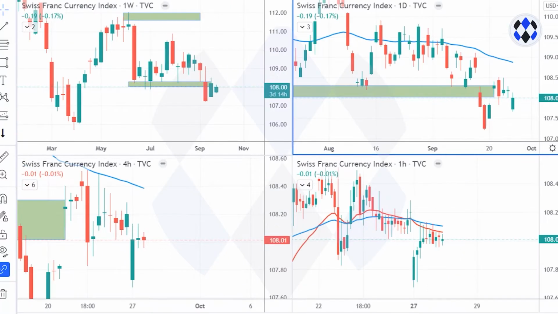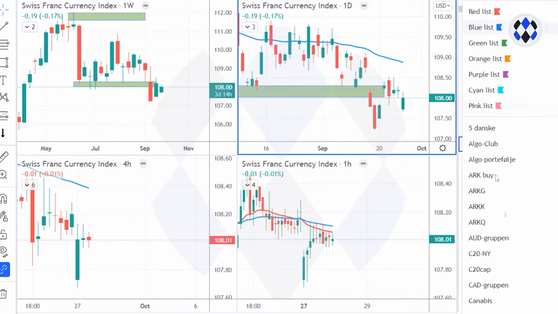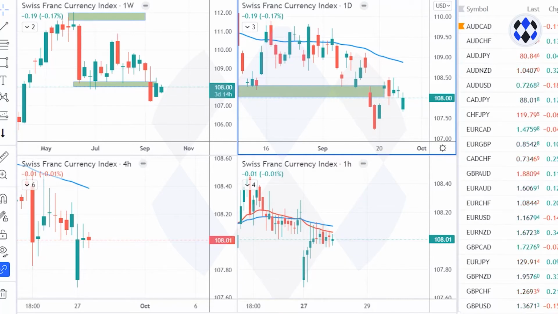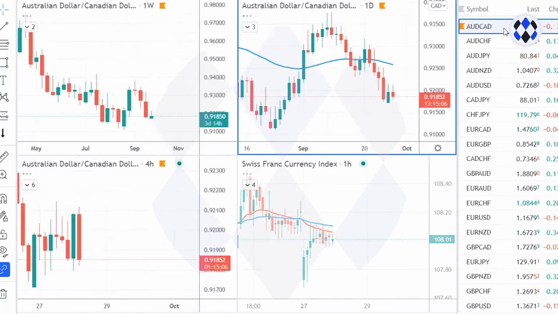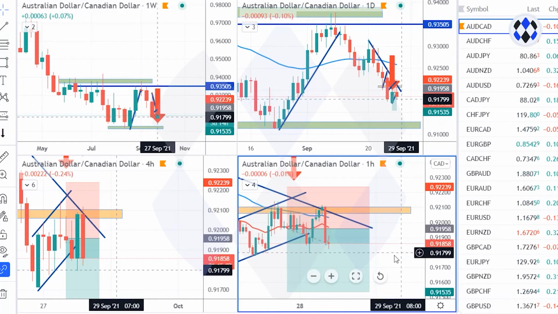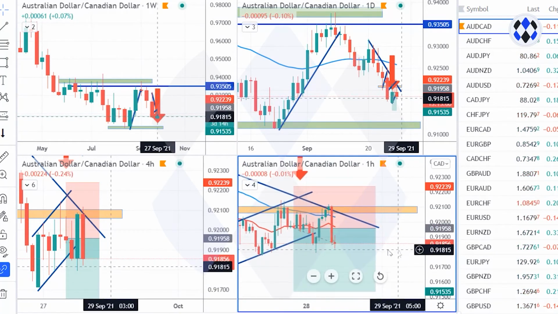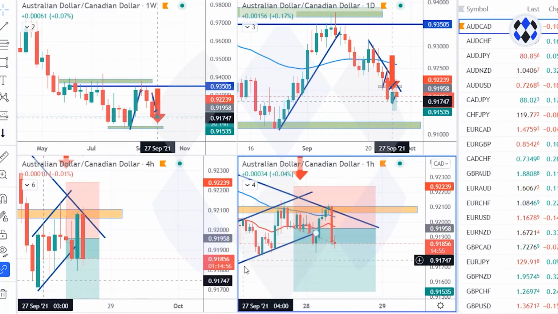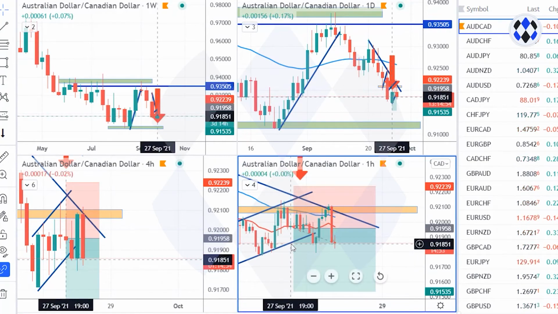Now if we go to our list here of the different crosses here, let's just see the pairs. As I said, I am right now short in the Australian dollar, Canadian dollar. I actually took one here as well, where I was stopped out for 1 R, meaning 1% in the negative.